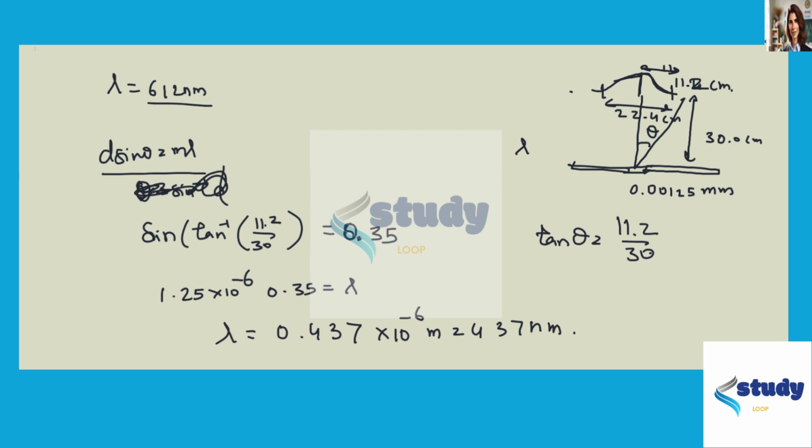So now that we know this, we simply use the refractive index is equal to wavelength in vacuum, which is 612 nanometers, divided by wavelength in the medium, which is 437 nanometers again.